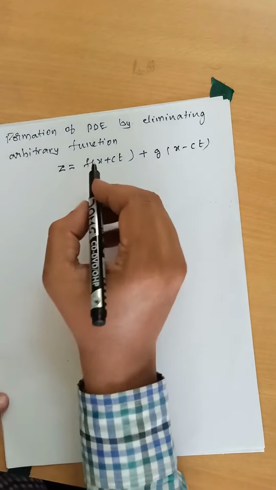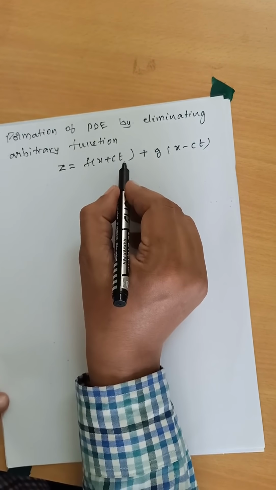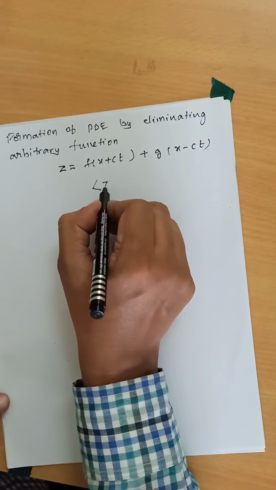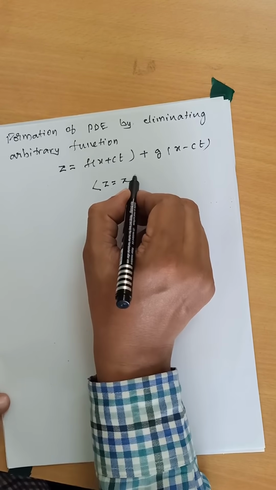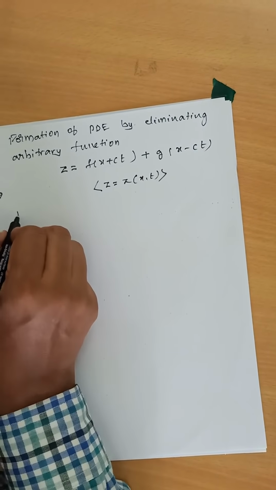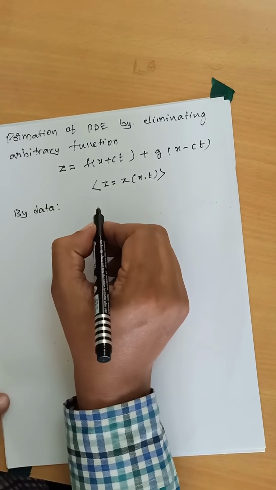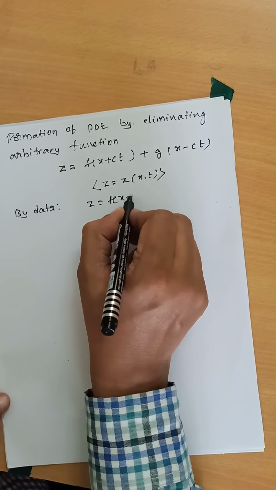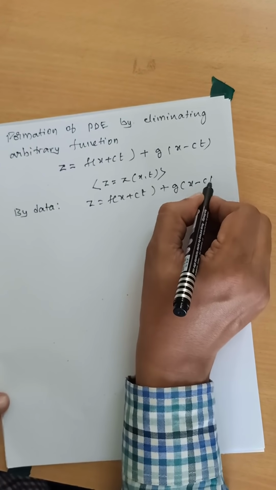Here in this equation, z is a function of x and t, not y. Instead of y, t is there. That means z is a function of x comma t. By data, z is equal to f of x plus ct plus g of x minus ct.